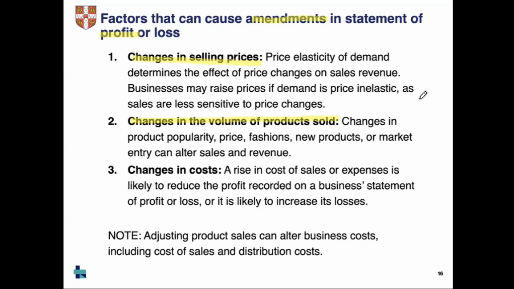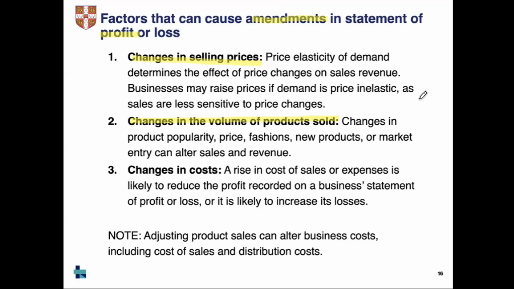And if you could draw a calculator close to you, it will be helpful because our previous selling price of $2.50 was multiplied by the previous volume that we were selling, which is 50,000. So $2.50 times 50,000 bottles will give us a revenue of $125,000.